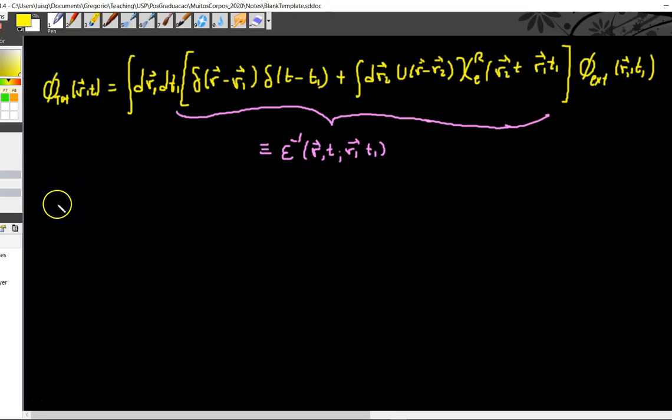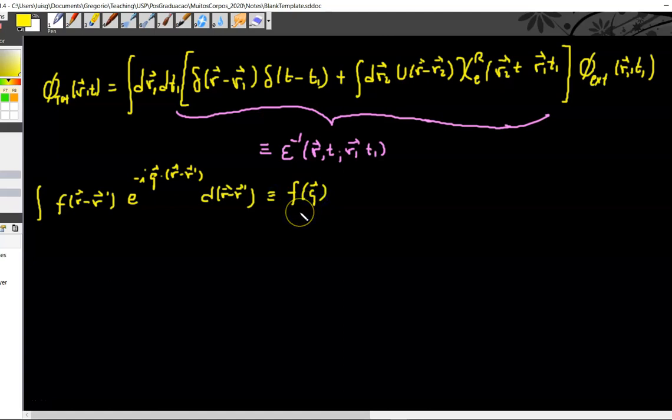If you have a function which depends only on the difference in position r and r prime, you can define a Fourier transform by integrating it with e to the minus iq dot (r minus r prime) over d(r minus r prime), and this is your Fourier transform in q.